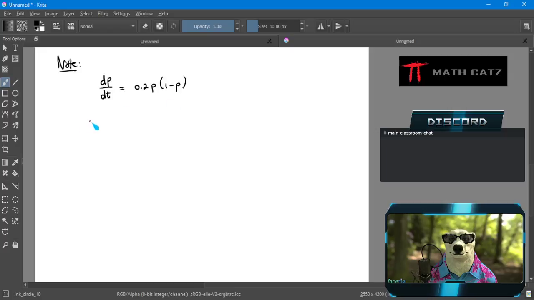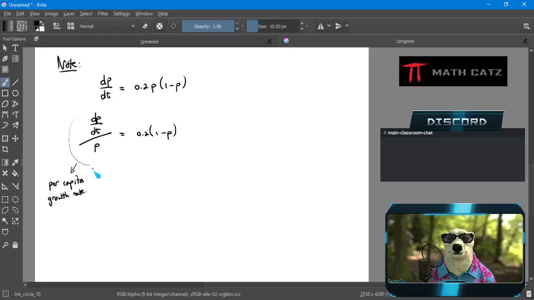If I divide both sides by p, then I get 0.2 times 1 minus p on the right, of course. Now, when I divide by the total number of people, so to speak, I get what's called the per capita growth rate.